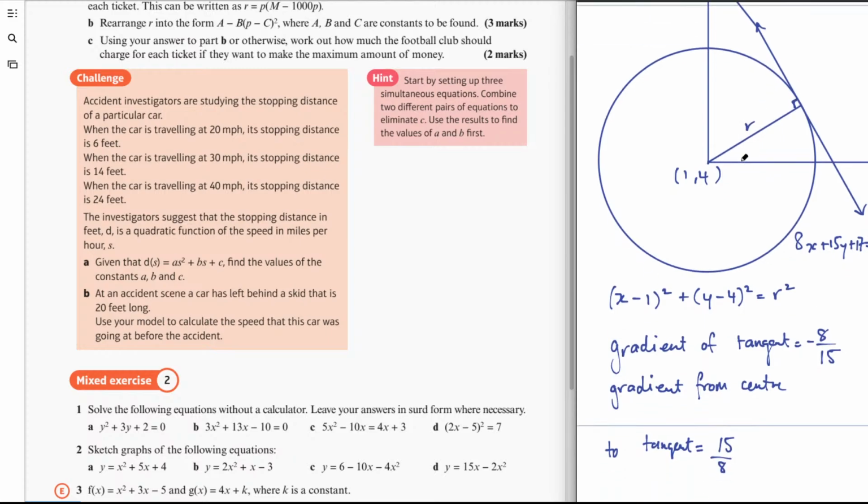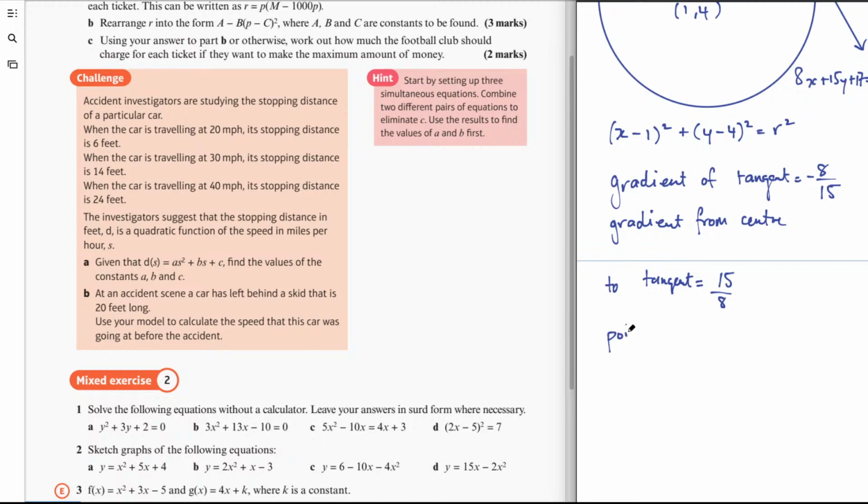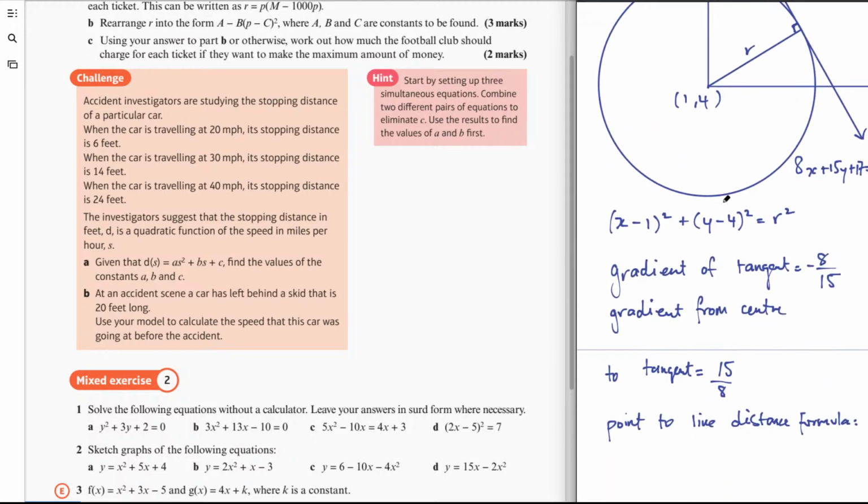Point to line distance formula. Yes. Point to line distance formula, which I don't remember.